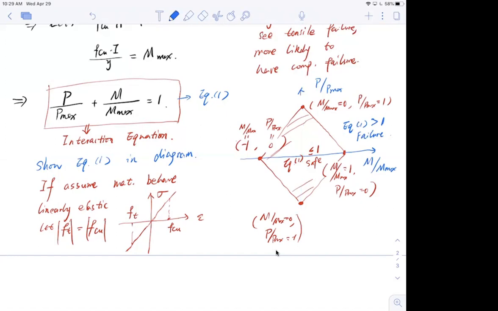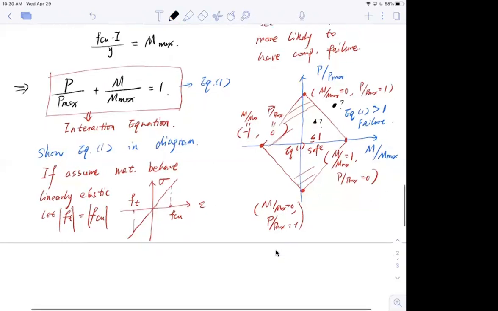You can find out whether it's safe or it's failure. And that's how you design our column.